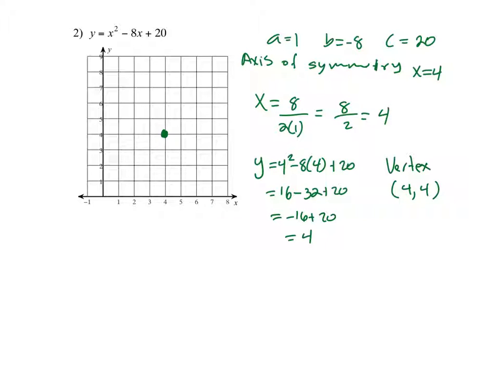Now again, my axis of symmetry is this one right here. Now I'm going to substitute 5. So let's do the table here. So x, 5, f of x.